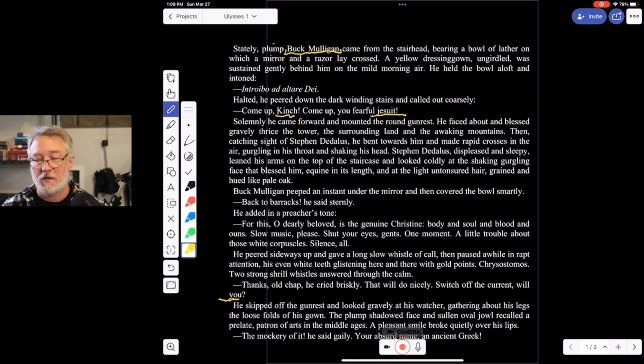Okay, so this is just the beginning. You're going to learn a lot more about Mulligan and a whole lot more about Stephen Dedalus as you read through Ulysses. But you don't have to get everything at once. Even if you did not know anything about the Catholic Mass, you could get from here that Buck Mulligan is mocking something to do with religion.